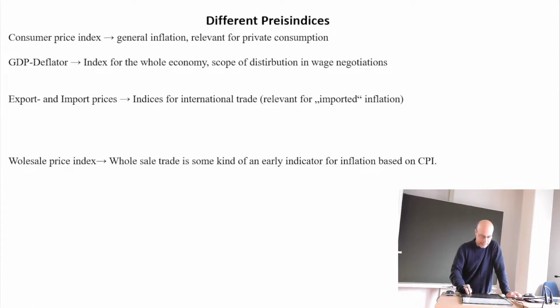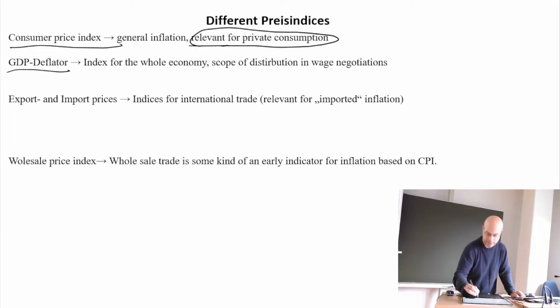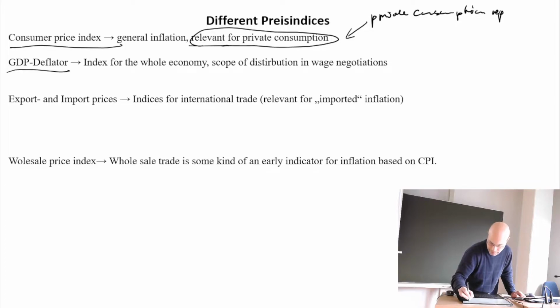And yeah, then we also can talk about the economy, and in the economy, we of course do not have only the consumer price index and the GDP deflator. So this is relevant for the private consumption. And remember, private consumption represents roughly 55% of GDP.